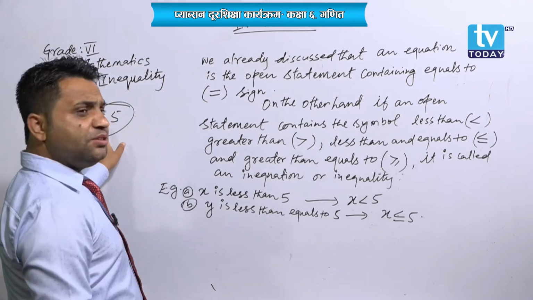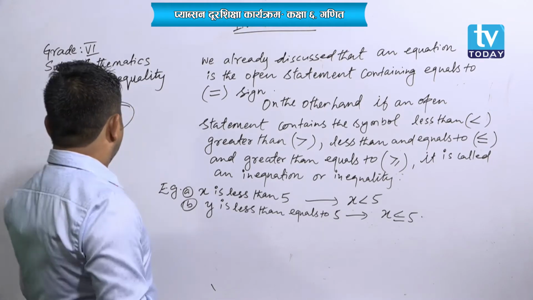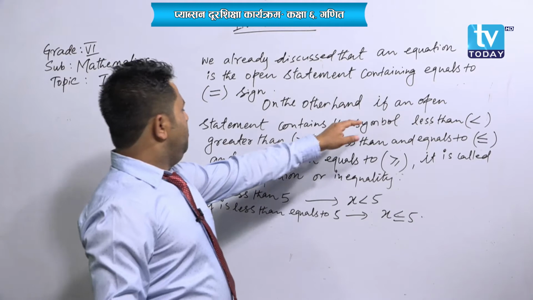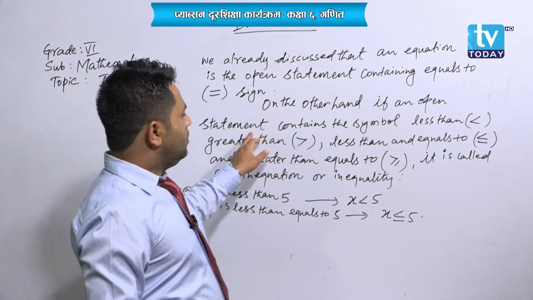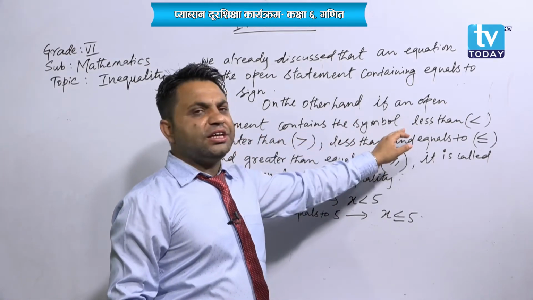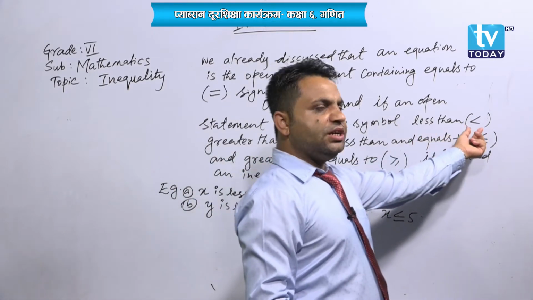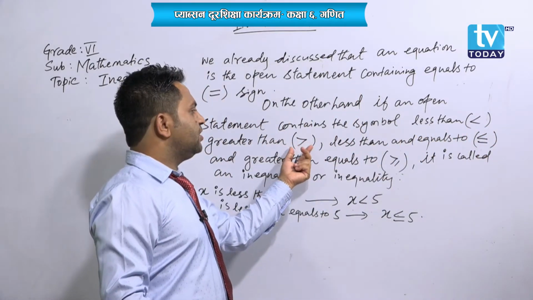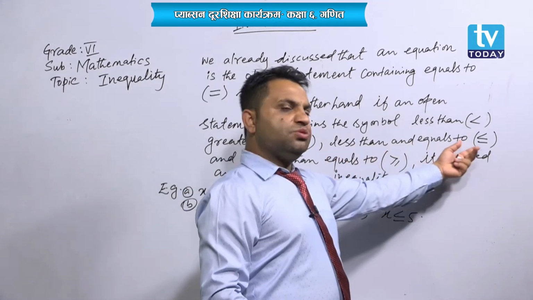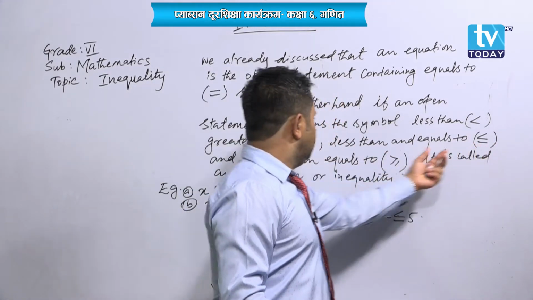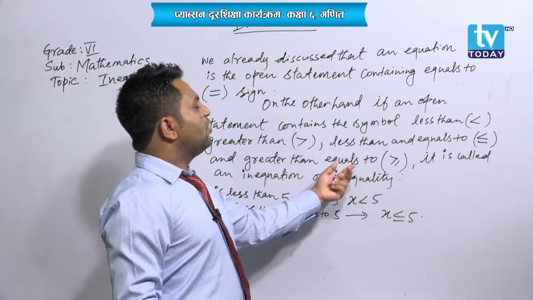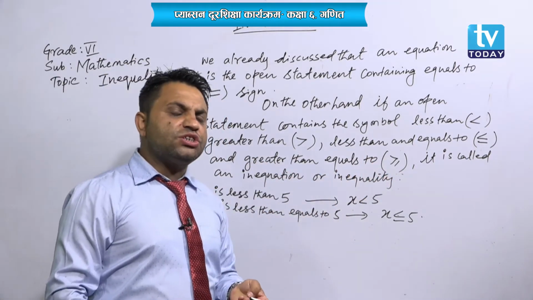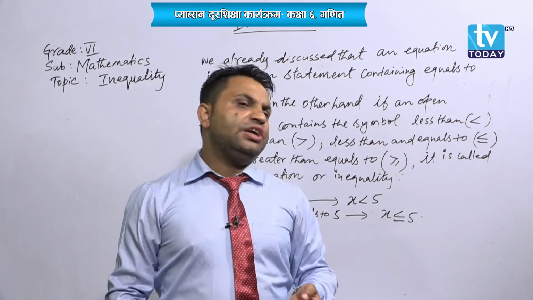Now on the other hand, if a statement contains a symbol like less than, greater than, less than and equals to, and greater than equals to, then it is called an inequation or simply you can say inequality.